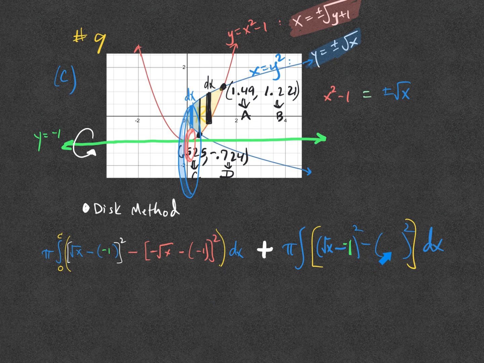And then the inner radius is this distance. So this y value minus that y value. And this y value is x squared minus 1, minus the y value of the green line. This y value minus that y value gives you that inner radius.